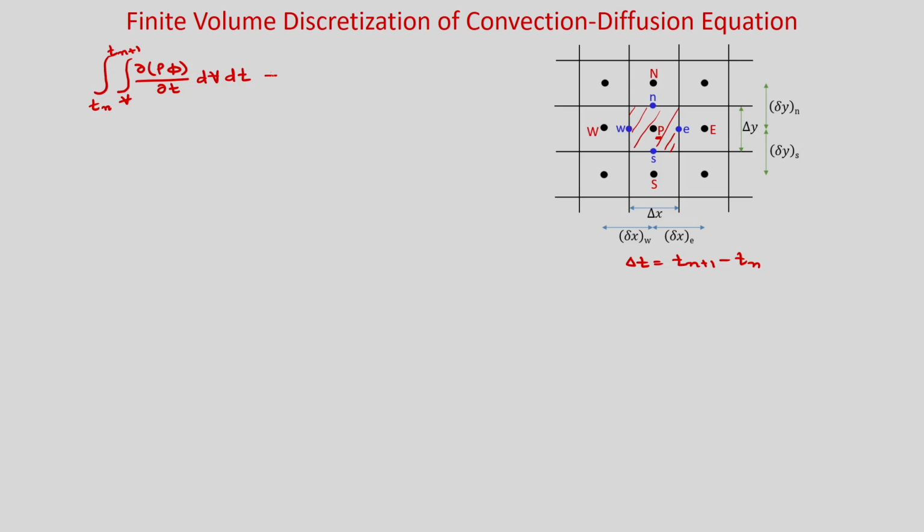The second term similarly you can write: t n to t n plus 1, volume integral, divergence of J dV dt, and on the right hand side again the source term, you integrate from t n to t n plus 1, volume integral S dV dt.